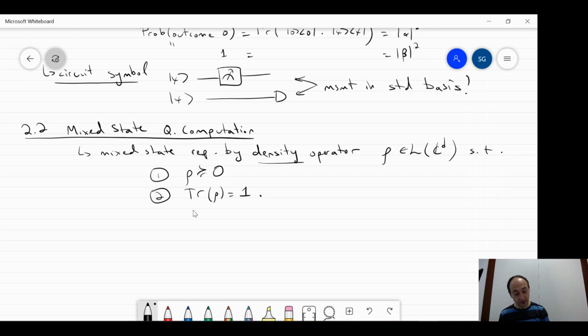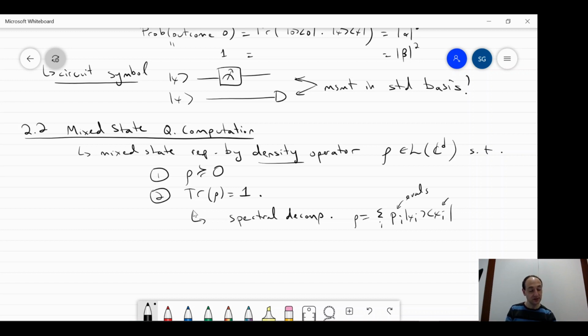So what do these two things mean? This means that in terms of its spectral decomposition, I could write rho as the sum over i of p_i |psi_i><psi_i|. These are the eigenvalues and the eigenvectors. Because it's trace 1, remember we showed that the trace of an operator is the sum of its eigenvalues.